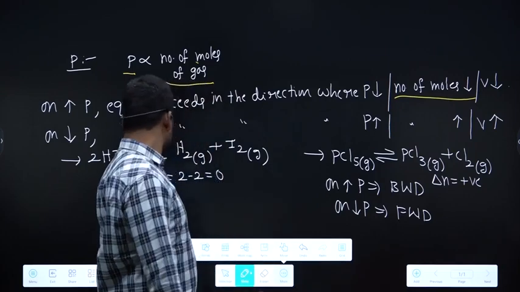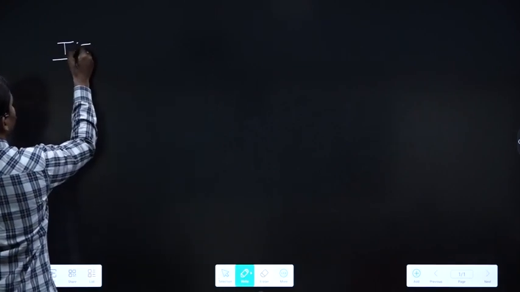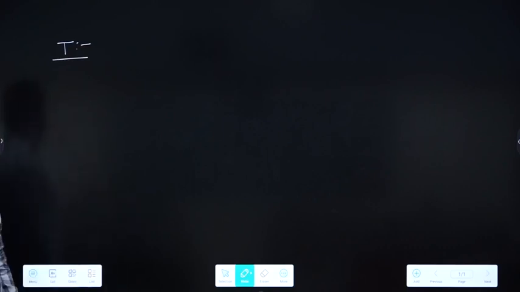Okay. So next one, effect of temperature on equilibrium.